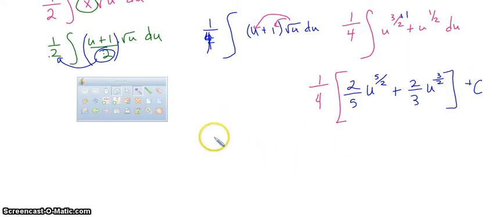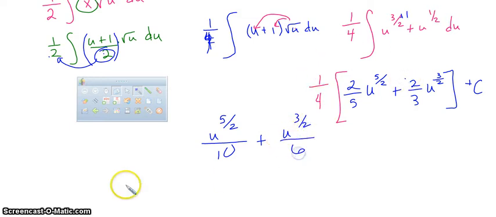All right, so if I go through and do this, I get 2, well, that's not going to be 2. How about we simplify fractions correctly? That's going to give me u to the 5/2 over 10, right? Because 1/4 times 2/5, plus that one's going to give me u to the 3/2. When I take 1/4 times 2/3, that gives me 1/6, so over 6 plus c.